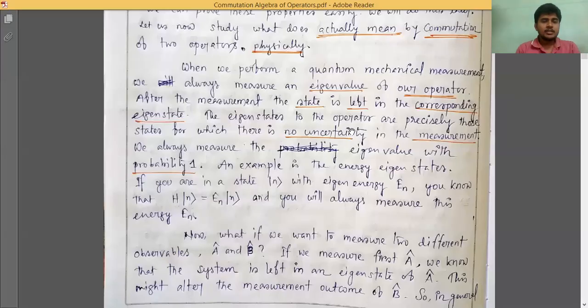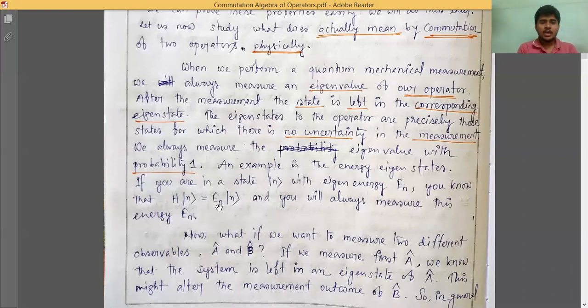Now here comes the word probability 1. That means we are measuring the quantity with respect to this operator, and we are expecting an energy eigenvalue. So if there is no uncertainty, that means if we can measure the entire quantity for this given operator, we have the expected eigenvalue.